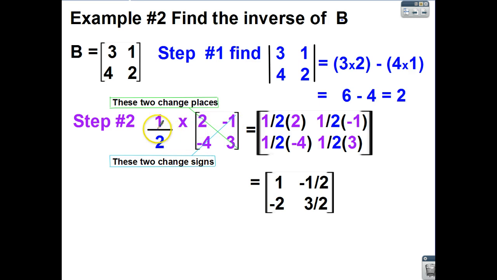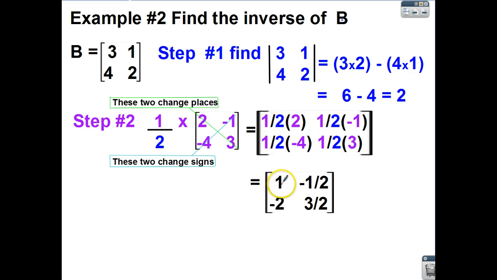Well, the next thing we need to do is to take that fraction and multiply it through this matrix. And of course we know that we just give it to all 4 of them. So I've done that right here. It's going to be 1/2 times 2 right here, 1/2 times -1, I wrote that here, 1/2 times -4, and then 1/2 times 3. Okay? And then 1/2 times 2, well, the 2's would cancel.